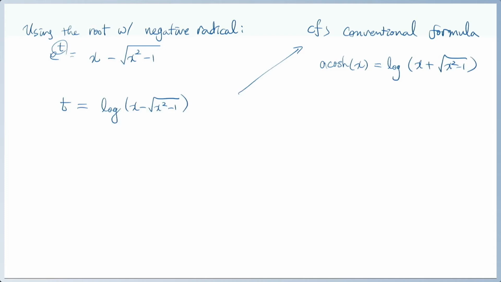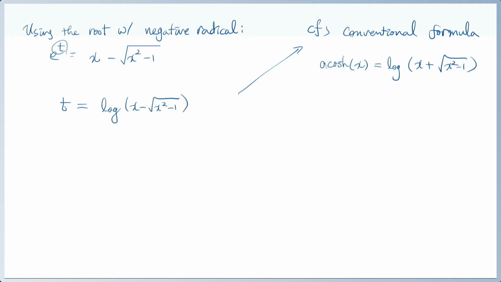So what happens in your case is that when you calculate, we see that something funny is going to happen when x and square root of x squared minus 1 are very close to each other.